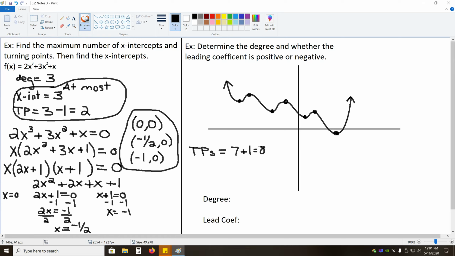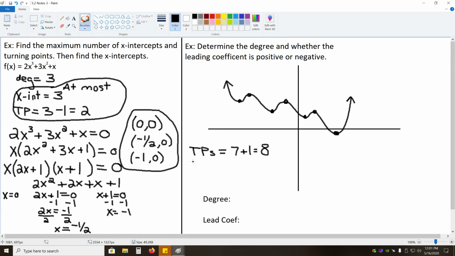Which means because the number of turning points is 7, the degree is at minimum 8. If you check that really quick, a degree of 8 minus 1 gives you 7 turning points. But if you took a degree of 6 and subtracted 1, it would give you a maximum of 5 turning points. We already have 7, so we know the degree has to be at least 8.